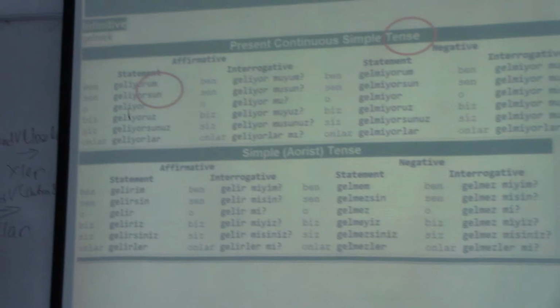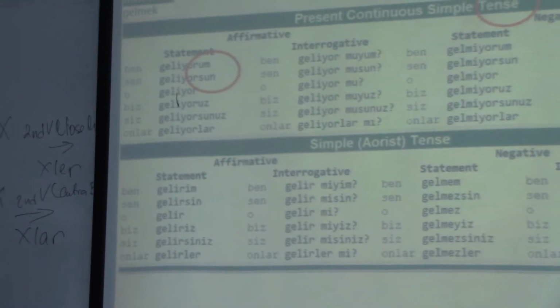So person, number. It also has polarity, which is not marked if it's affirmative. It is marked if it's negative. So negation is a morphological category on Turkish verbs.